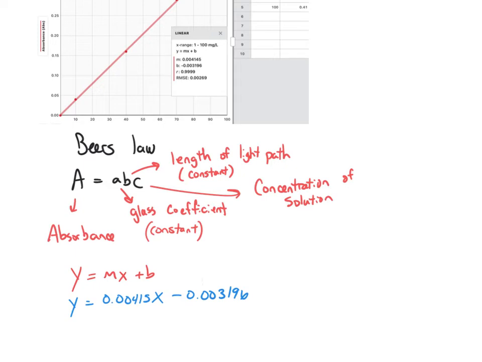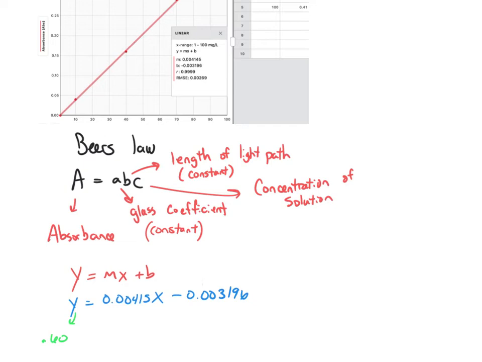So in my lab, I have run my 5 trials, I've generated my line, I've got my equation for my line, and then you're going to be given a last sample, but you do not know the concentration of this sample. You know it contains the same solute and the same solvent as you did for your 5 trials up above. But let's just say, for example, the absorbance of that substance was maybe like 0.60.